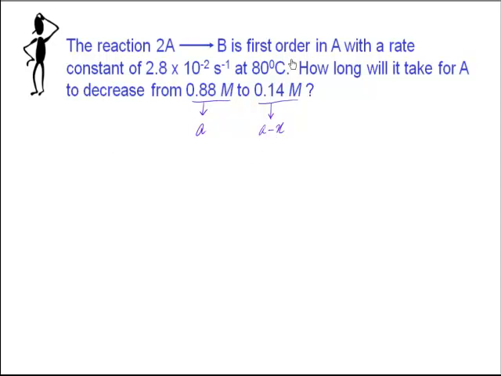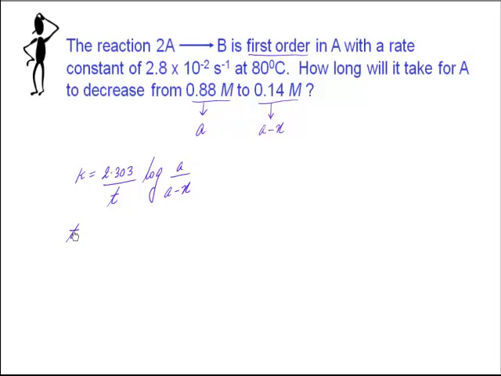Now it is a first order reaction. So if it is a first order reaction, the formula for rate constant is 2.303 by T log of A upon A minus X. They have given us the rate constant K. The initial concentration and the instantaneous concentration is also given. What is asked is the time.